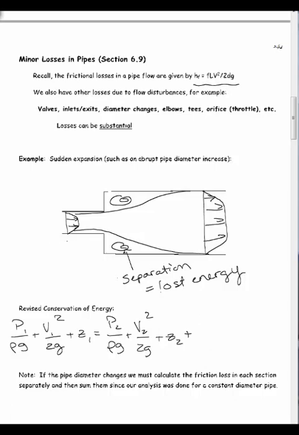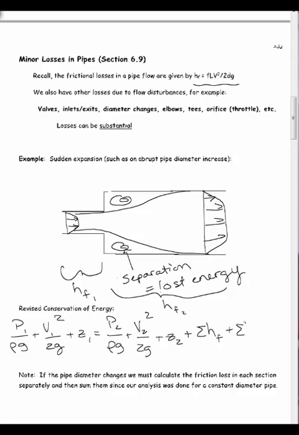But if we have something like this where we have an expansion, we're going to get one HF for this section, and a different HF for this section, right? Because they have different diameters, there's going to be less frictional loss in this bigger diameter section than in that section. So we're going to have to put in a summation sign here. For all our pipes in series, each pipe is going to have its own frictional head loss, and you can just sum those.